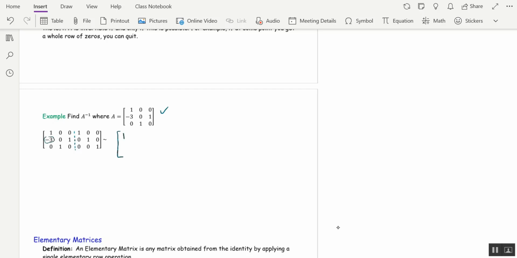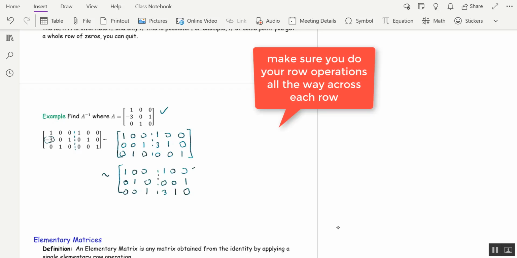So I'm going to leave row 1 alone, and then I'm going to replace row 2 with 3 row 1 plus row 2, which will give me 0, 0, 1, 3, 1, 0. I'll leave row 3 alone. Okay, I'm almost there. Now to get the identity on the left, I just need to swap rows 2 and 3. Okay, I've done that. And now I've got the identity on the left.